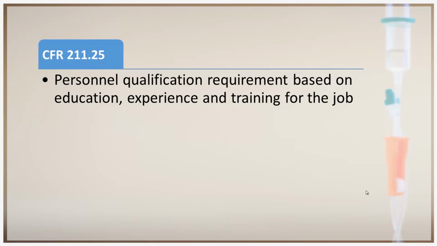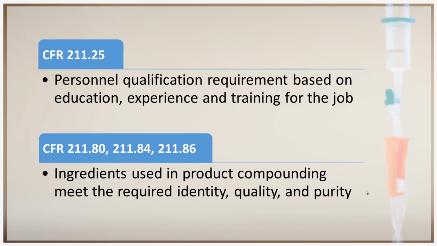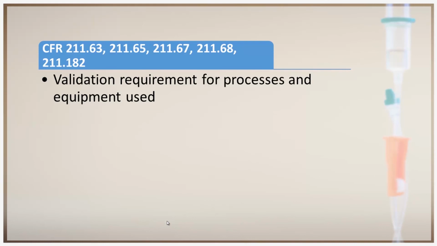CFR 211 subsection 25 explains the professional qualification requirements based on education, experience and training for the job. Subsections 80, 84 and 86 describe ingredients used in product compounding, meeting the requirements of identity, quality and purity. Subsections 63, 65, 67, 68 and 182 describe the validation requirements for processes and the equipment used.